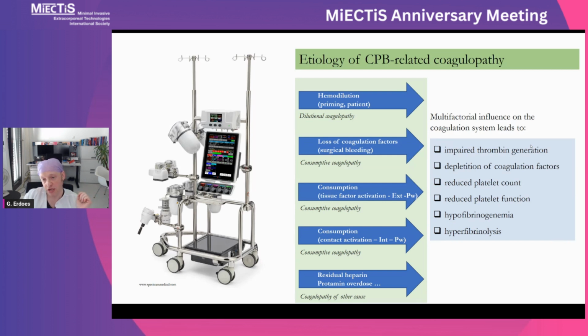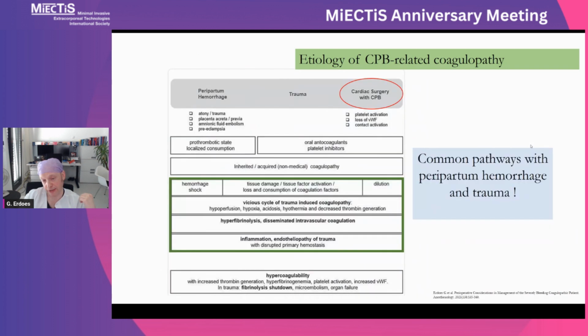It is partially related to surgical bleeding, leading to a consumptive coagulopathy, a consumption of coagulation factors in the extrinsic pathway, but also in the intrinsic pathway, and of course, residual heparin or protamine overdose can contribute to post-CPB bleeding. And what is the consequence? We will have an impaired thrombin generation, a depletion of coagulation factors, reduced platelet count and function, hypofibrinogenemia, and hyperfibrinolysis.